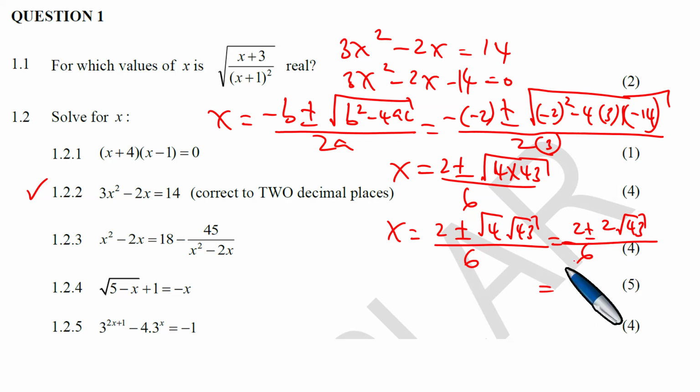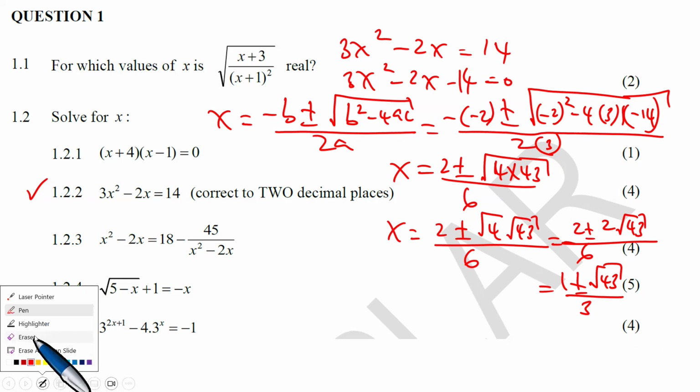Divide through by 2: 1 plus or minus square root of 43 out of 3. Now pay attention because this is extremely important.